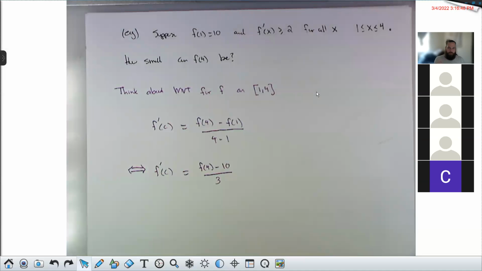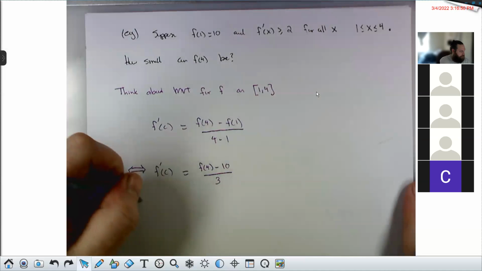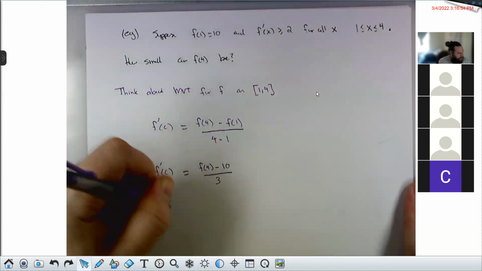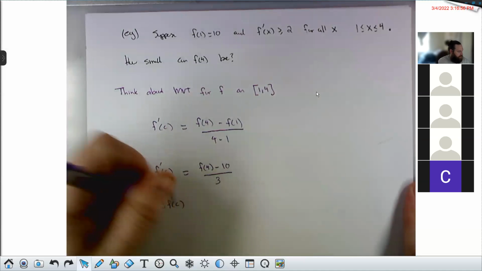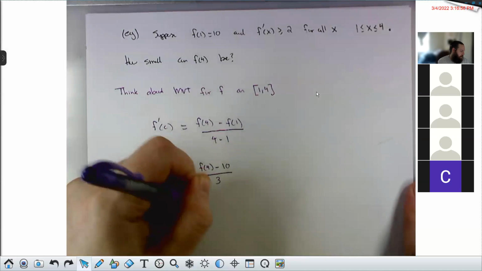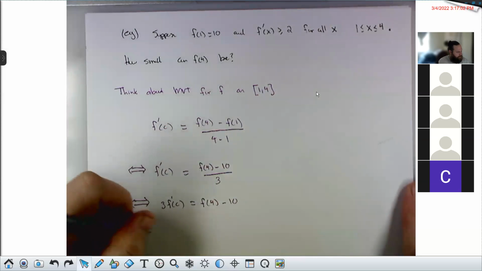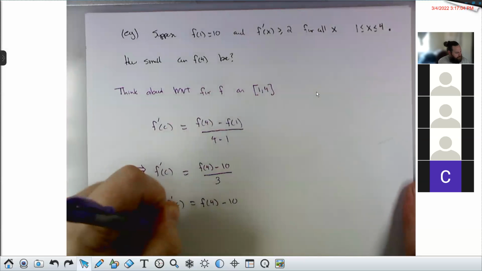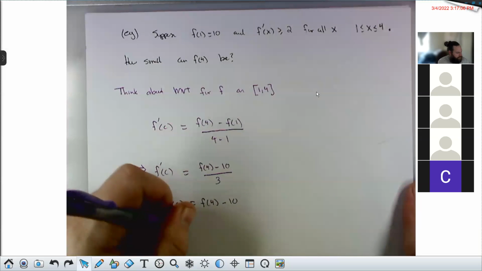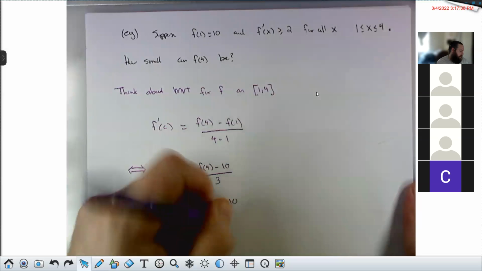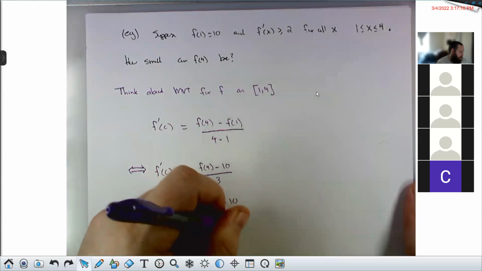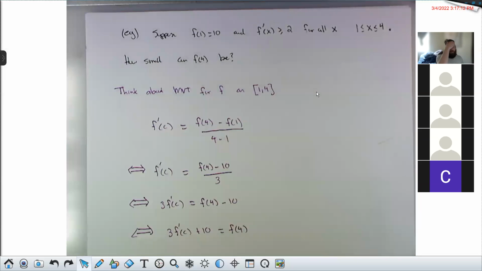Let's isolate f of 4. So I get 3 times f prime of c is f of 4 minus 10. And that means 3 times f prime of c plus 10 is equal to f of 4. So there is some number c between 1 and 4 such that this is true.